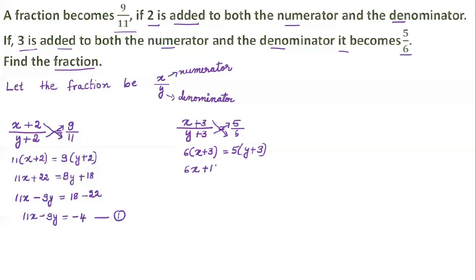So 6x plus 18 is equal to 5y plus 15. So 6x minus 5y, keeping variable terms on the left side, is equal to 15 minus 18. So 6x minus 5y is equal to 15 minus 18, that is minus 3. This is second equation. Now solve equation 1 and 2 by elimination method.